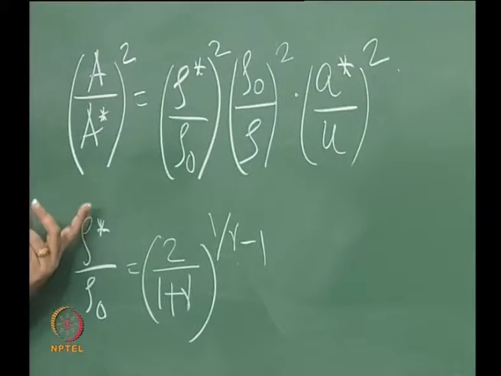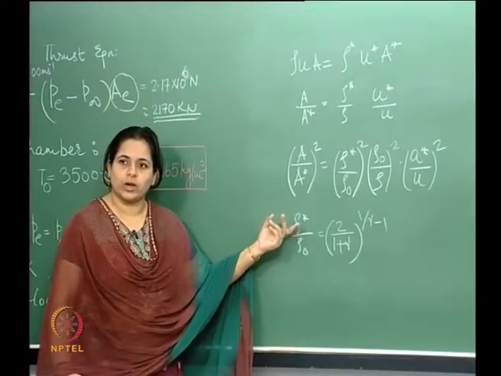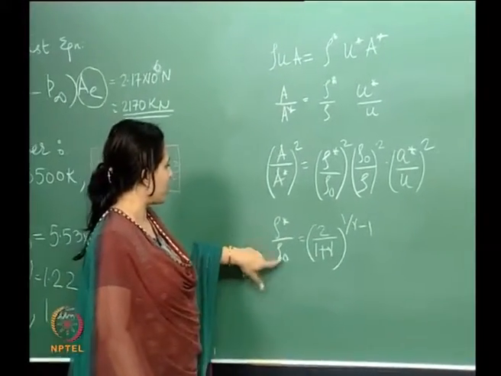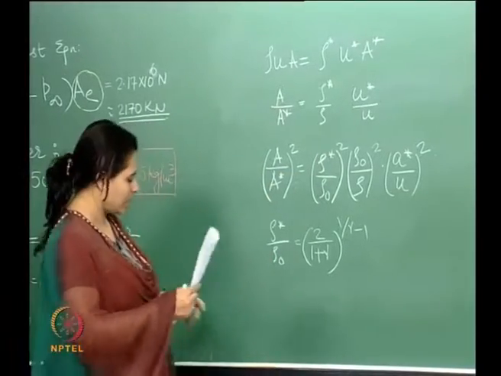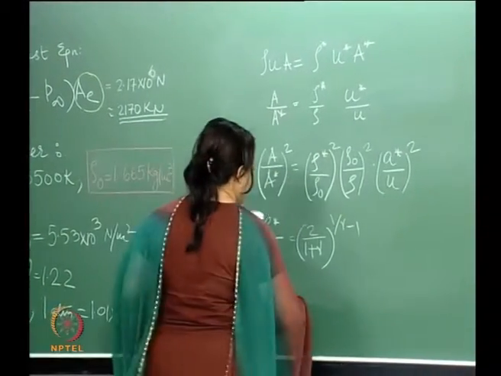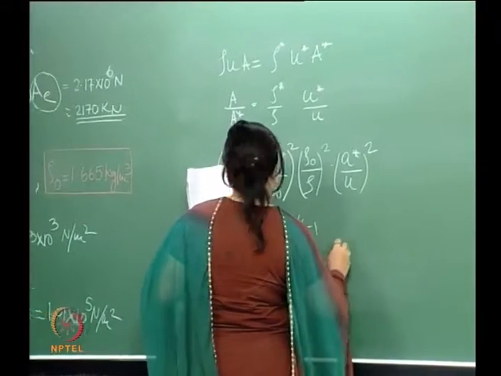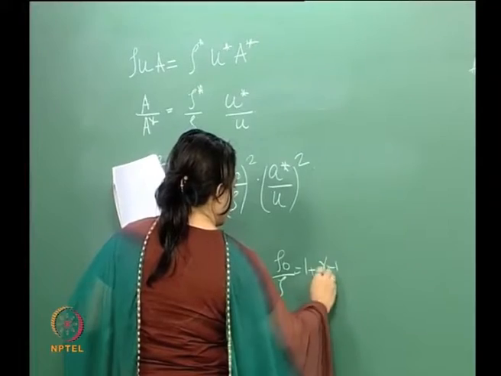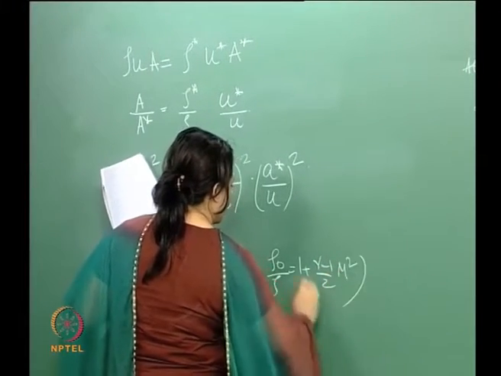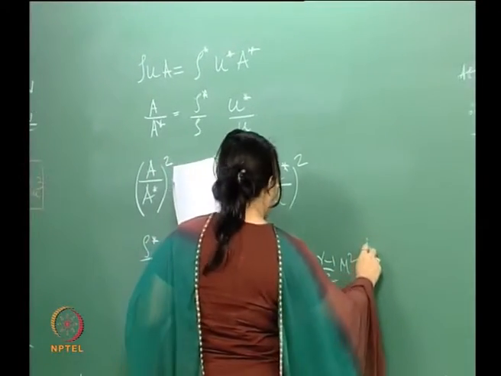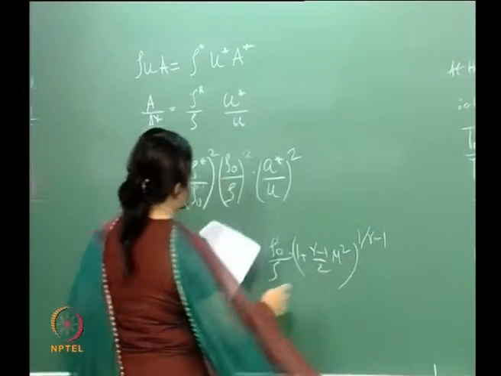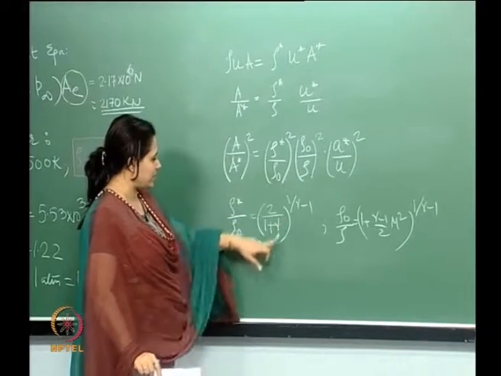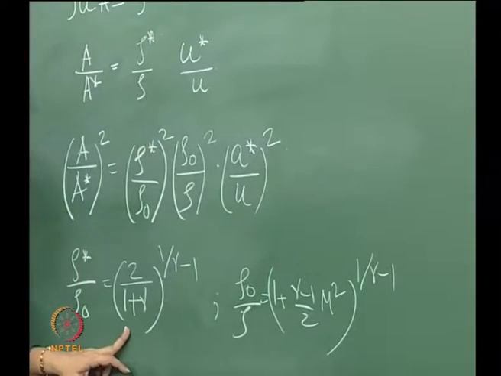If you write here with respect to the throat, the Mach number goes to 1, and this is the relationship. So rho star by rho naught is something which is available here. And of course, this is the relationship, right. So we will get a value for this. It's a finite value from here.